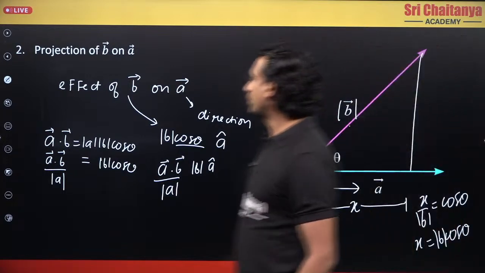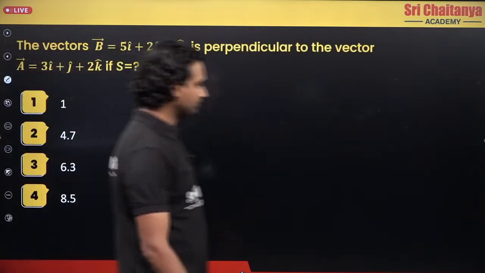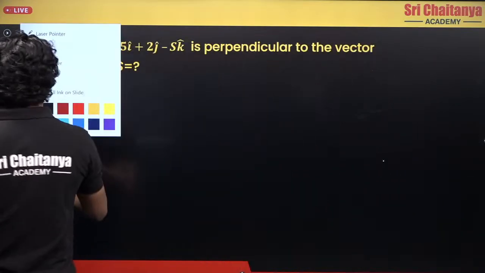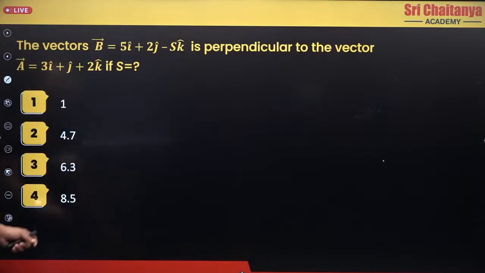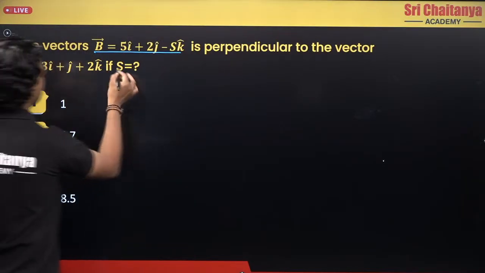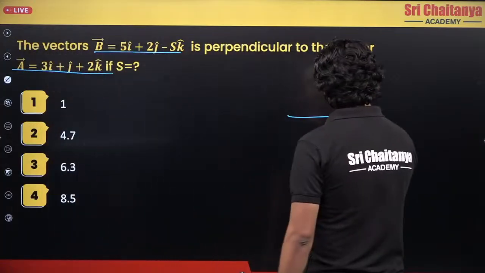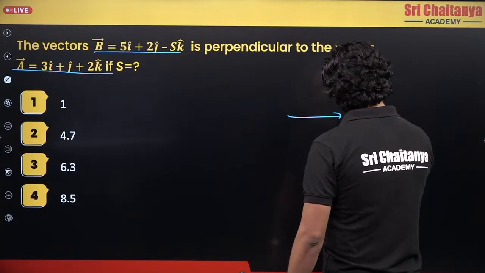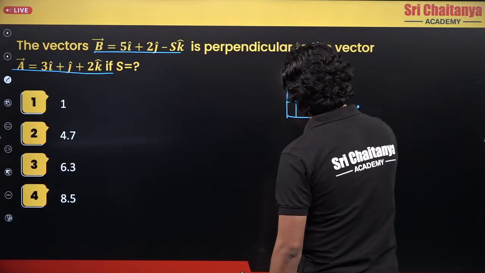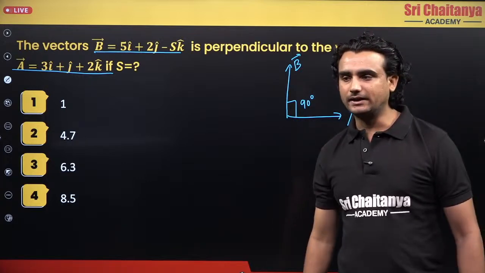But the most important thing is to understand what projection means. Let's try to solve this question. It is given that the vector B is perpendicular to vector A. So I have vector A, and I have another vector B, and they both are perpendicular to each other, or in other words the angle between them is 90 degrees.